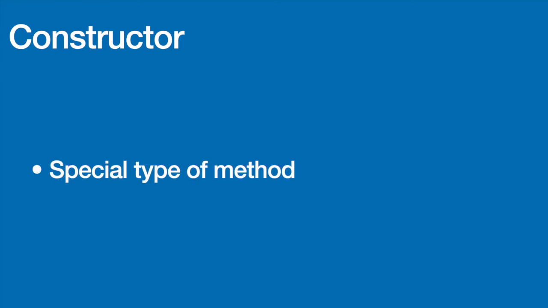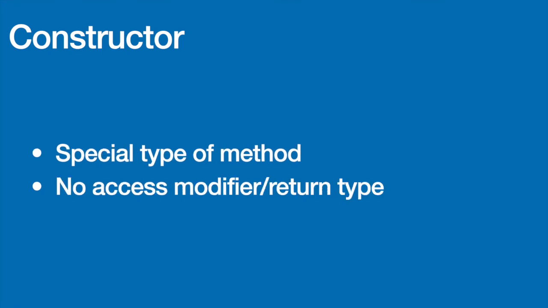So what is a constructor? Let's have a little more discussion about constructors here. A constructor is a special type of method that always needs to be defined by the name of the class, and it will not have access modifiers. It will be used only with the name of the class.